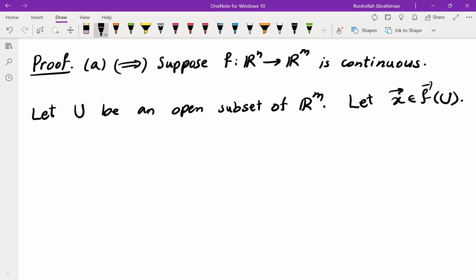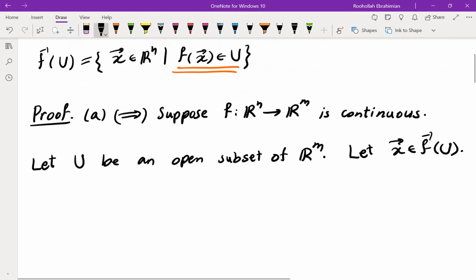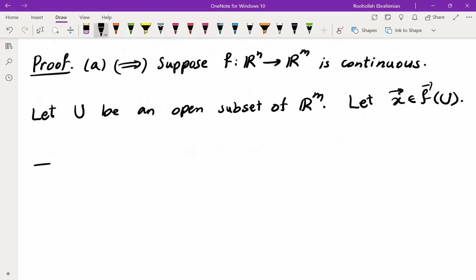Now what does it mean that something is in the inverse image? It means f of x is in U, because x is already in Rn. So this is saying that f of x is in fact in U. Now we know that f of x is in U and U is open.